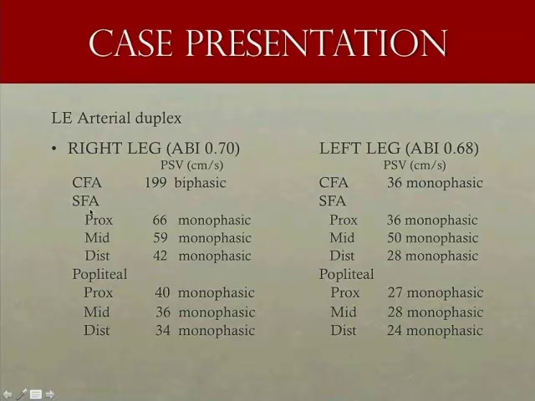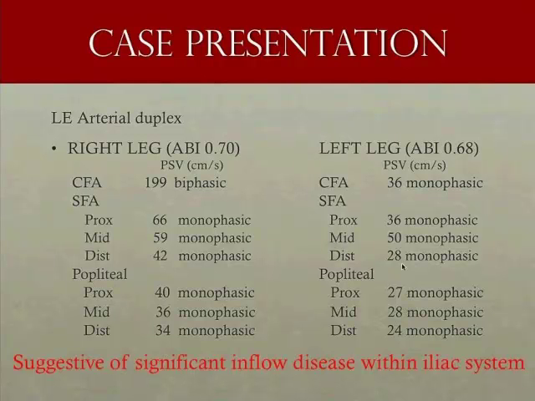However, her velocities in her right superficial femoral artery and right popliteal artery were markedly diminished, all with monophasic waveforms. Her left SFA velocities were also markedly diminished, even more so than the right, as were her left popliteal velocities, again all with a monophasic waveform. So this is all suggestive of significant inflow disease involving her iliac system.